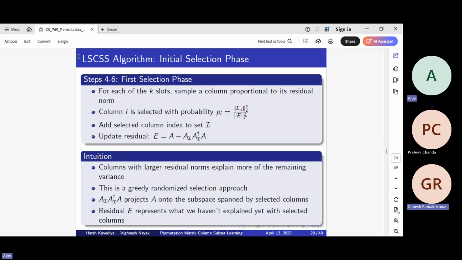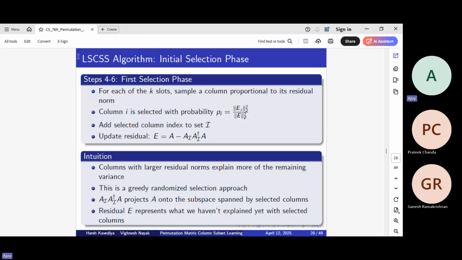So for each of the k slots, we sample a column proportional to the residual norm. The basic intuition is that a column with a larger residual norm will have a larger variance. So we are using a greedy approach to include it in our subset selection, so that the error of reconstruction will be minimized.